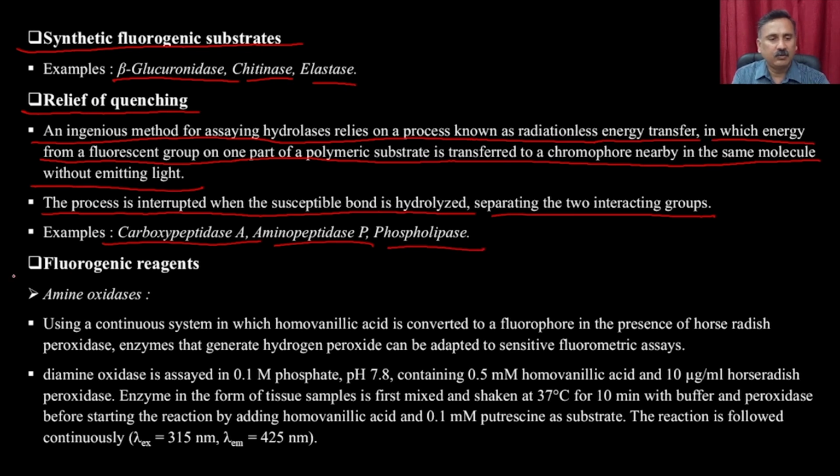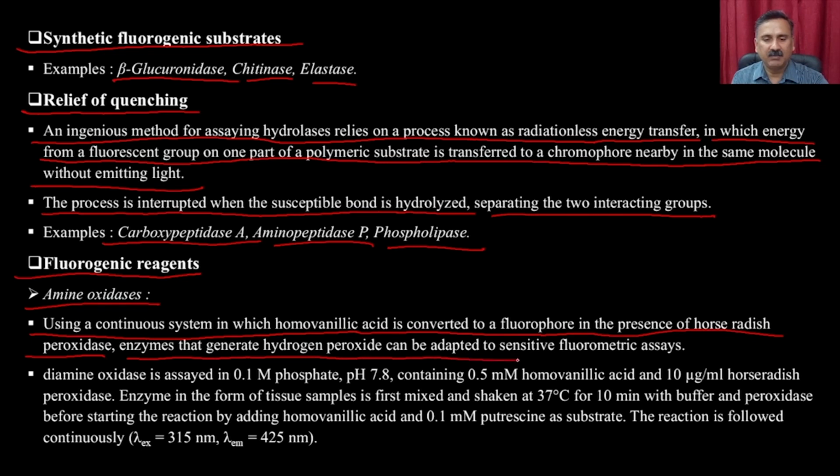Then we can also have fluorogenic reagents for amine oxidases. Using a continuous system in which homovanillic acid is converted into a fluorophore in the presence of HRP, the enzyme that generates hydrogen peroxide can be adapted to a sensitive fluorometric assay. So diamine oxidase is assayed in a phosphate buffer containing homovanillic acid and 10 microgram per ml HRP.